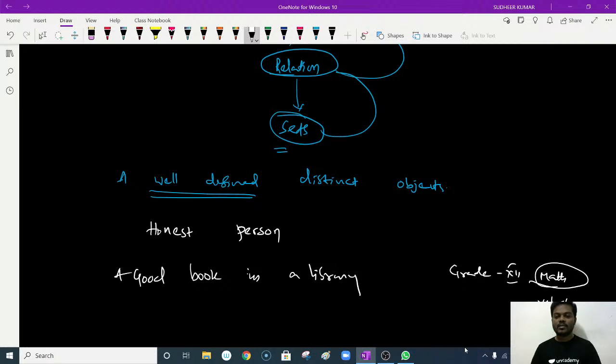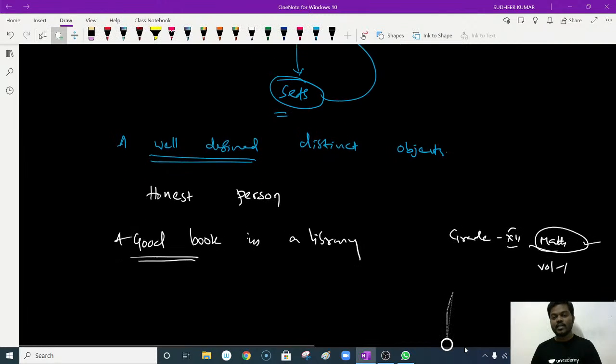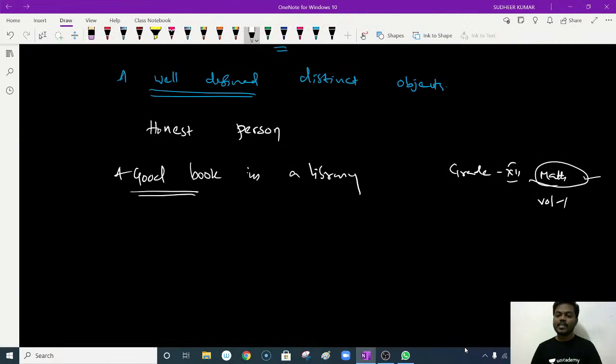But when it comes to a good book, you may like one book, I may like another, and other people may like another, so it is not definite. When we can definitely say that an object belongs to the given case, we say it is well defined. If not, it is not well defined. Not well-defined objects will not be considered as sets.